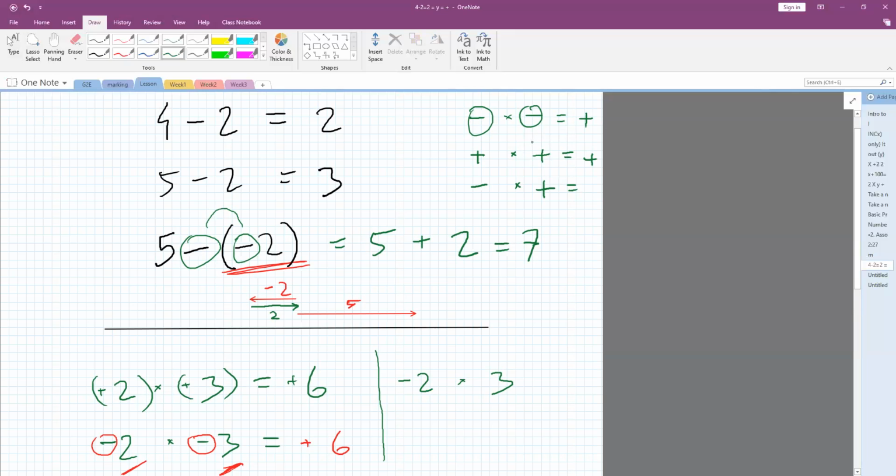Now what about minus times plus? Plus. Well, actually, it will give us minus. Negative 6. So minus. Now, the last one will be what happens if you have a plus and then you multiply it with the minus. For example, you have 2 times minus 3.